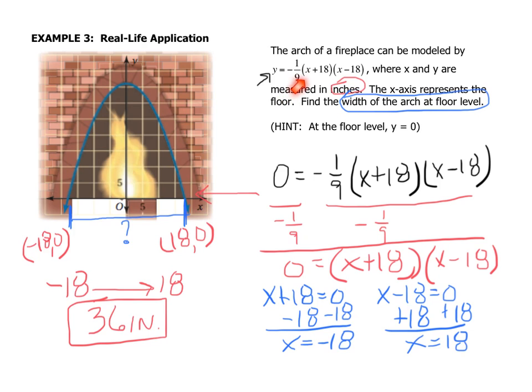If I was to plug in an x here, I would get an 18 and a negative 18. I could multiply those numbers together times the negative 1/9 to find out what is the height when x is 0. And that's going to be what we call the vertex of this quadratic. That's coming later. That's something that we're going to be building towards. But for now, we're using our zero product property and our factored form to help find the solutions or the roots of our polynomial equations.